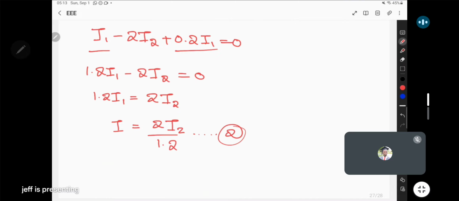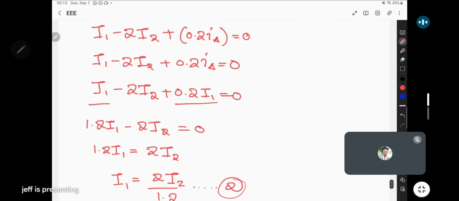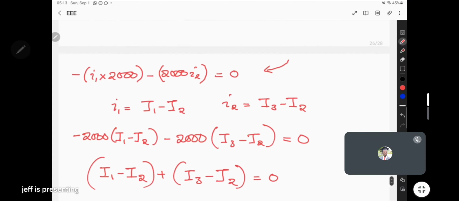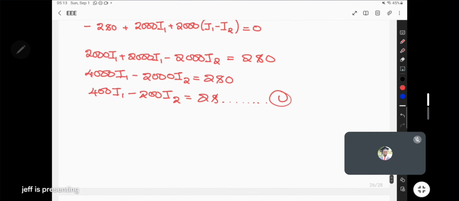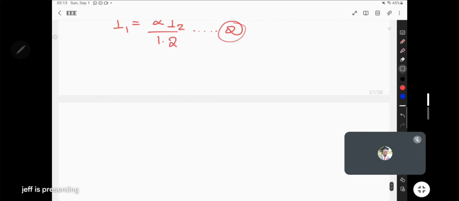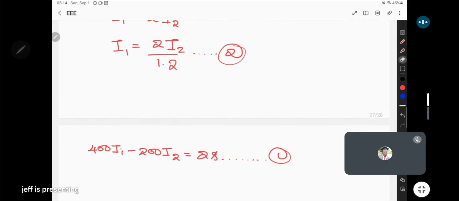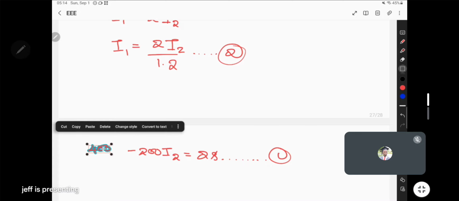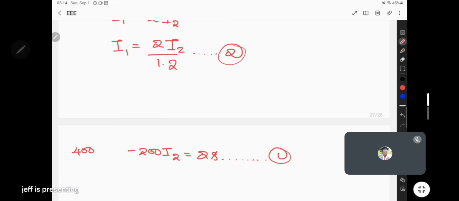Then we can get this and put it in equation 1. So when we substitute in equation 1, where we have I1, we'll put 2 I2 over 1.2.